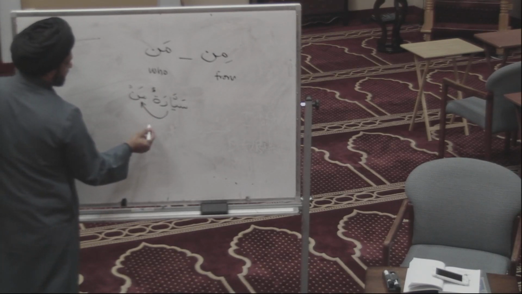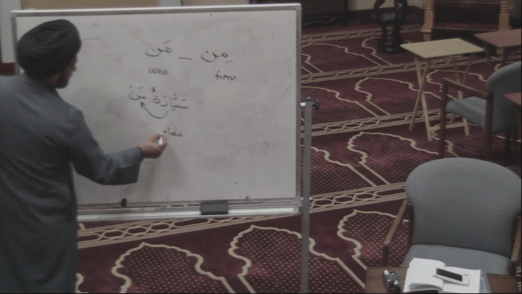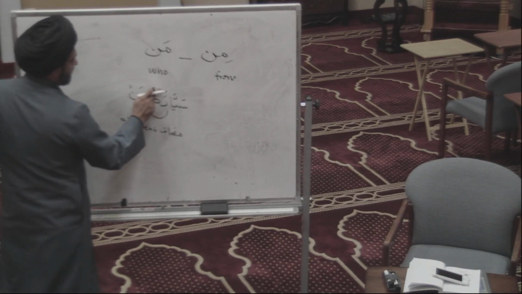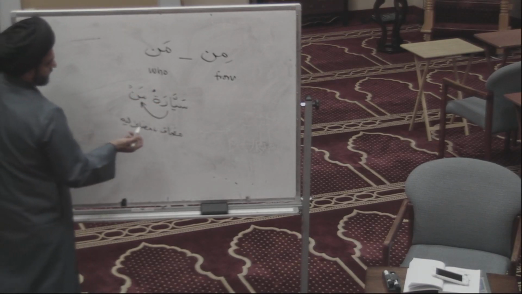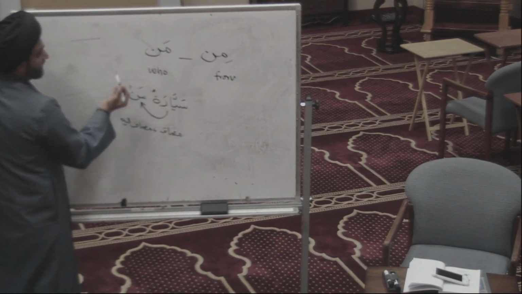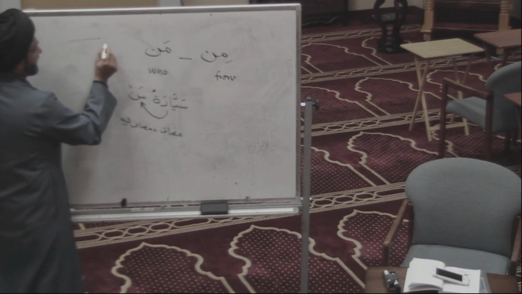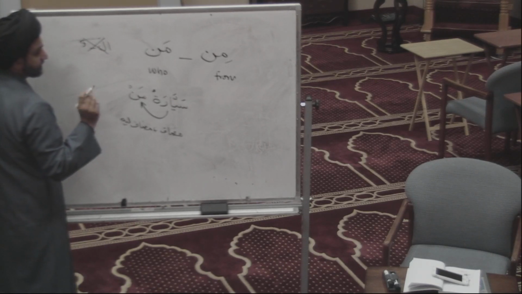So what is the relationship? Mudaf, mudaf ilayh. So when that relationship is established, now you're going to get rid of this tanween because in mudaf, mudaf ilayh, mudaf can never have tanween, nor can it have alif lam. Both are not allowed for mudaf.